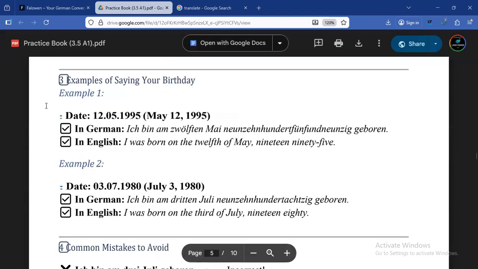So we have, for example, am 12. Mai. You want to say 12 May 1995. 1995 geboren. And that's going to imply that I was born on the 12th of May 1995.